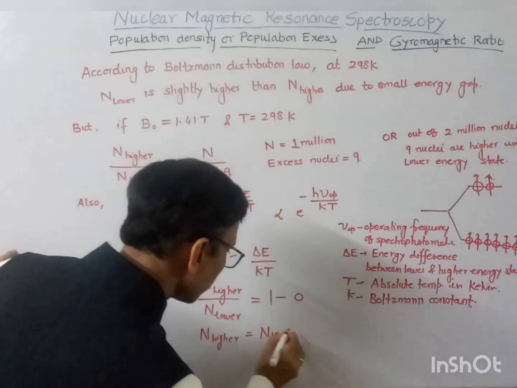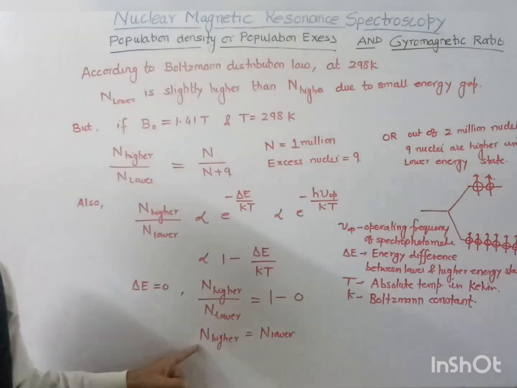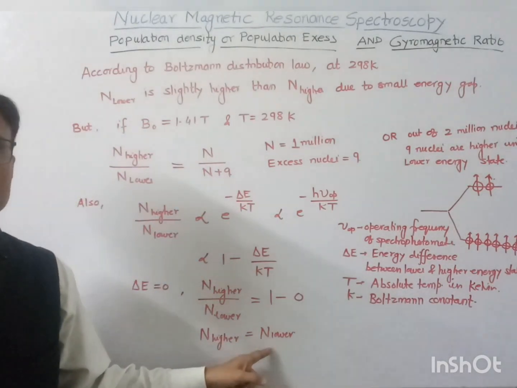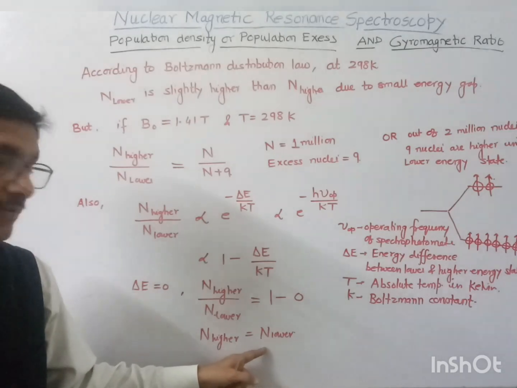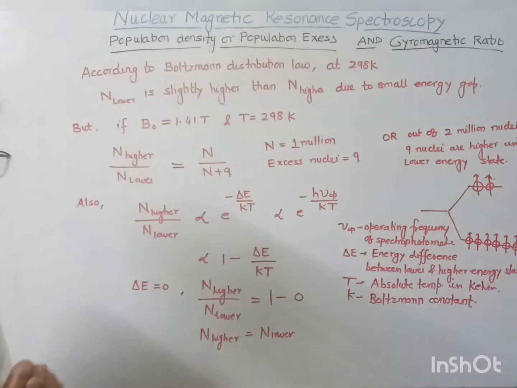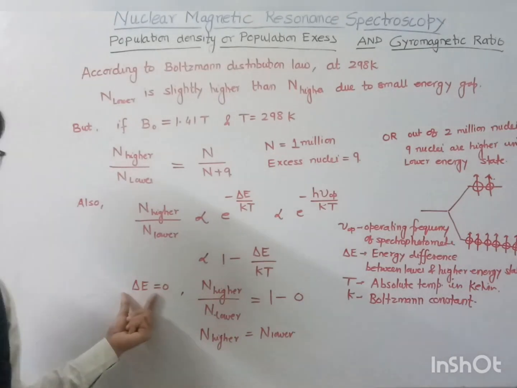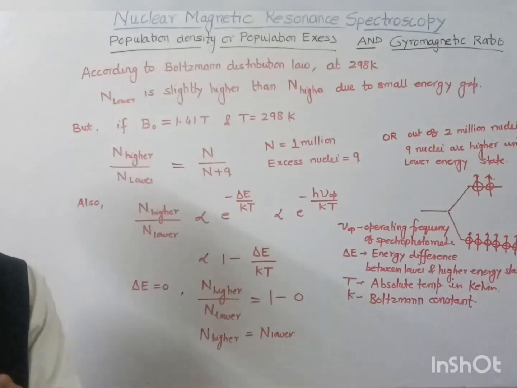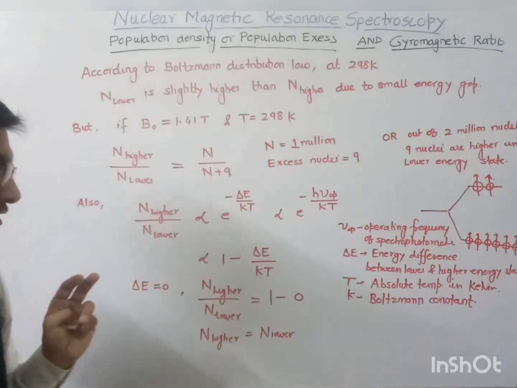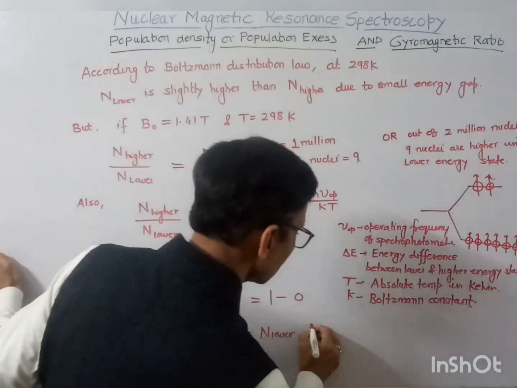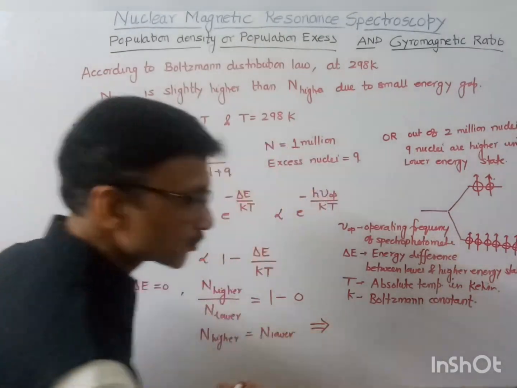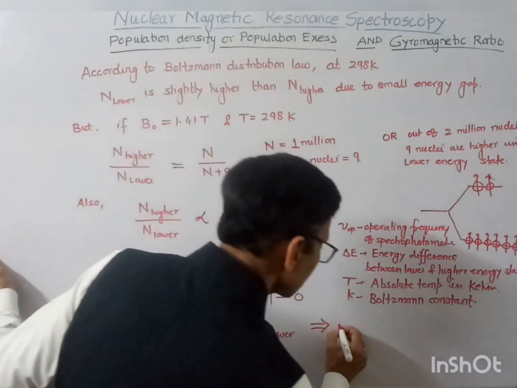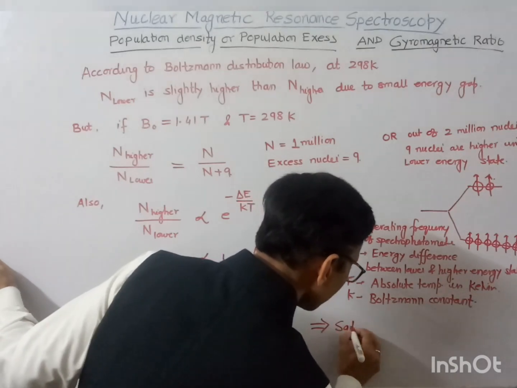The number of nuclei in higher energy state becomes equal to the number of nuclei in lower energy state. When will it happen? When delta E is 0. And when the energy difference is 0, it means no transition will take place, and such a situation is called saturation.